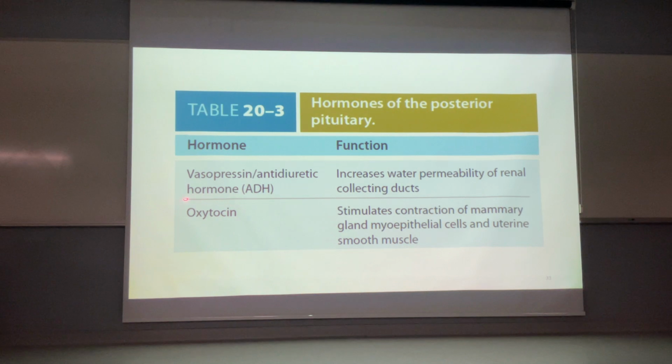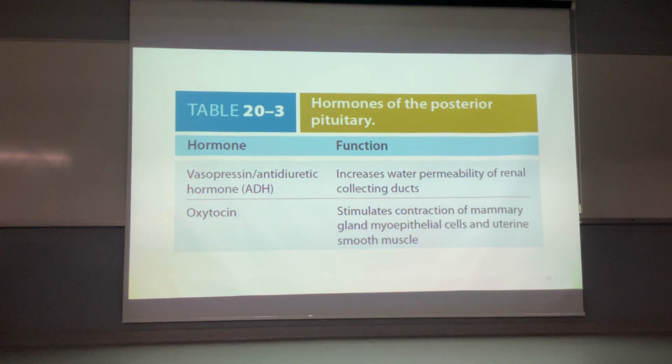And also, you can see the oxytocin. What is the role of oxytocin? Oxytocin has a role in the contraction of mammary gland secreting cells. With this contraction, the milk can enter into the ducts and go to the outer side of the body.